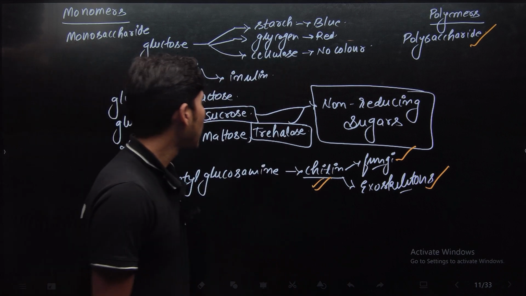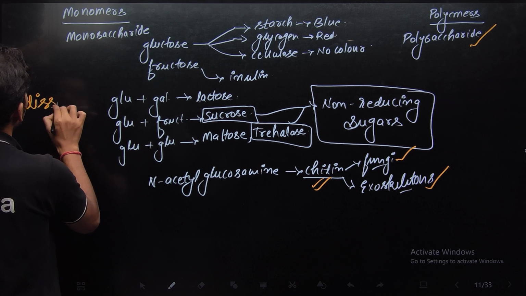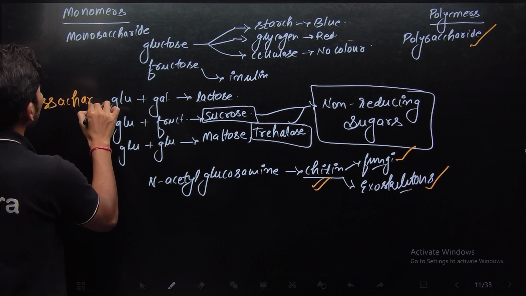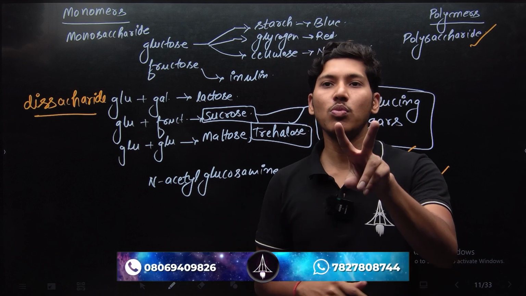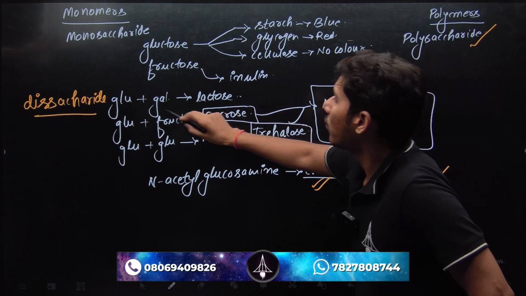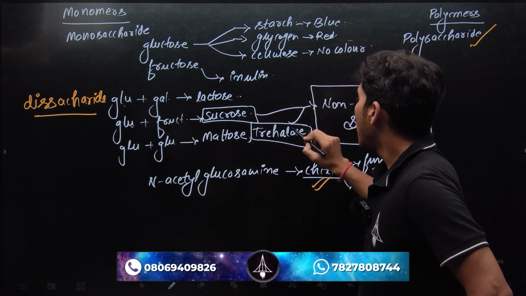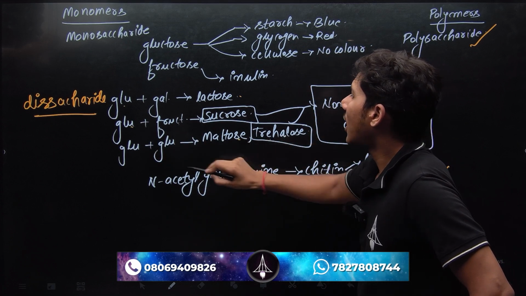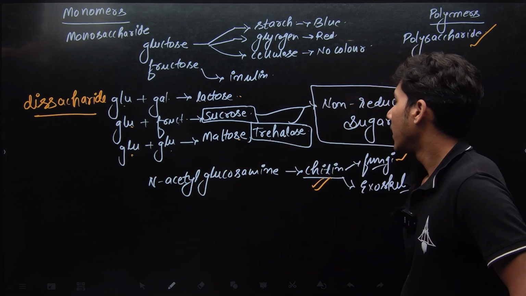Okay. Now there is something known as a disaccharide. What do you mean by disaccharide? A disaccharide means a sugar containing two monosaccharides. Okay? Like lactose is made up of glucose plus galactose. Sucrose is made up of glucose plus fructose. Maltose and trehalose are made up of glucose plus glucose, two glucose molecules basically.